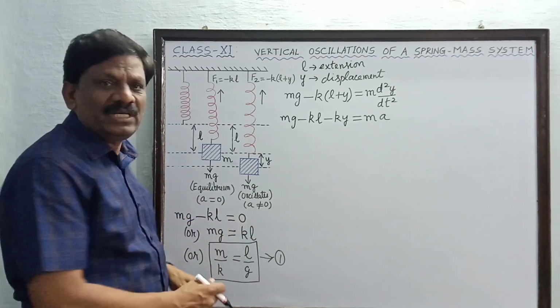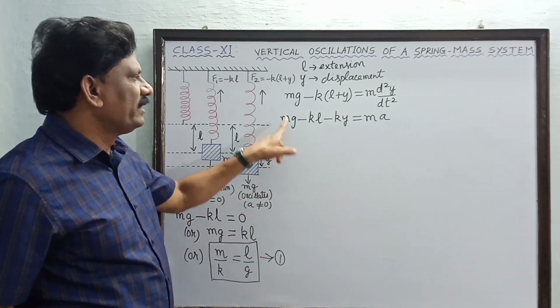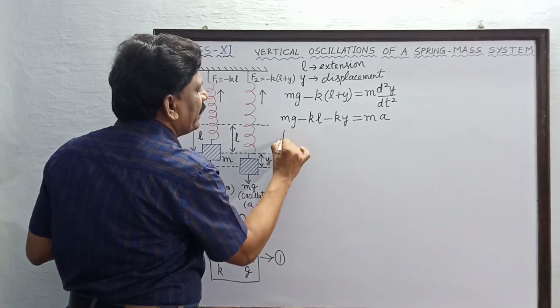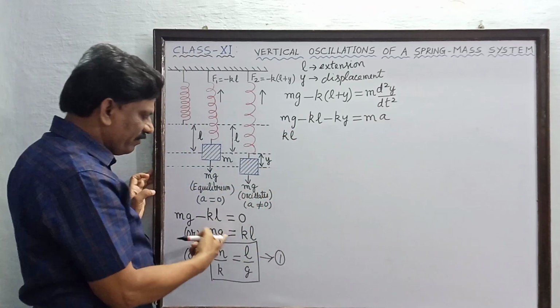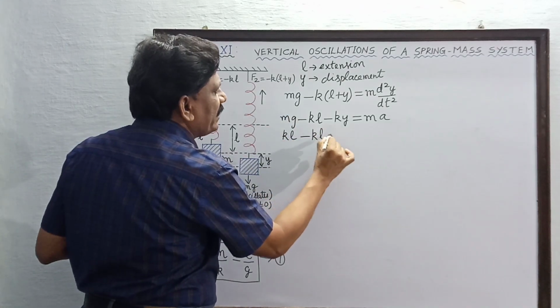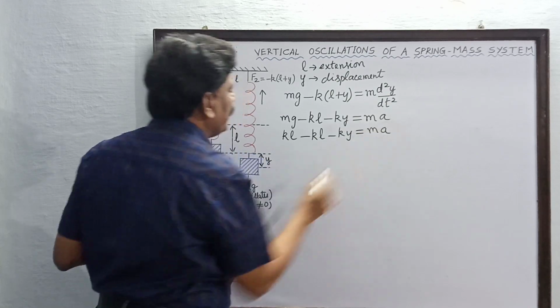The force mg is equal to the force kL. So here mg minus kL is there. In place of mg, I can substitute kL. So kL minus kL minus ky is equal to m into a.